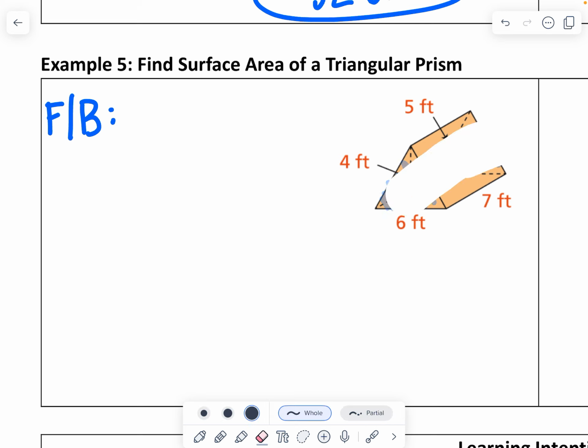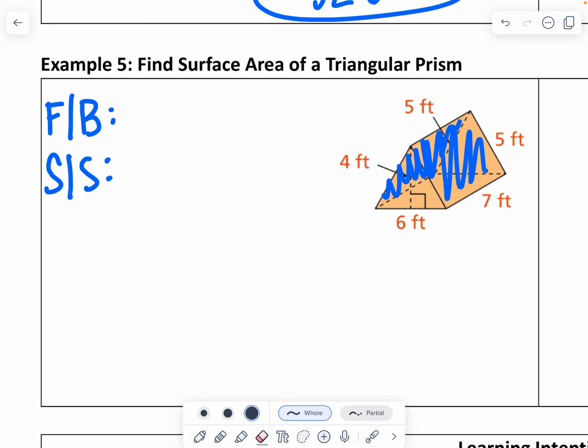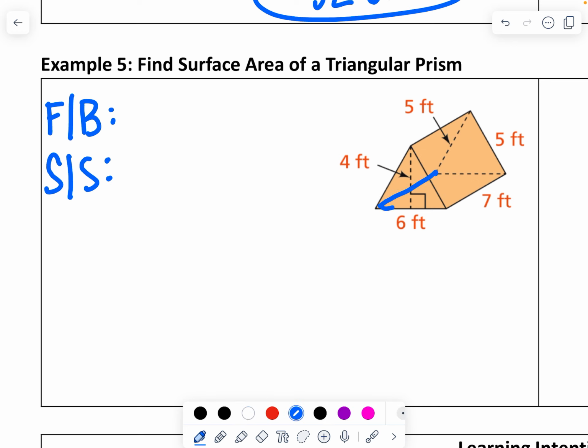And then we have side and side. So we have our left side and our right side. So I'm going to put side slash side, and I'm putting them together because they're the exact same. And then the last thing is the bottom. And it doesn't have a pair. There's not another one that is the exact same as that one. So I'm just going to put bottom on this one so I know that it's by itself.